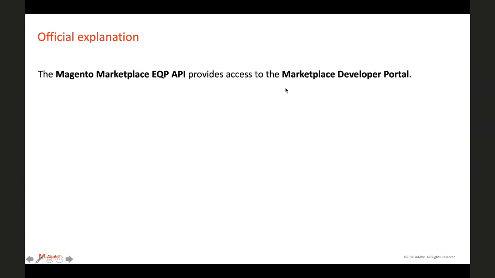Now, if you wanted to create or develop extensions for Magento, where you would go is something called the Marketplace Developer Portal. And it's here that you would upload your code as well as add any additional information about it. And then eventually you'd submit it, and what you're submitting it into is this Extension Quality Program. Once it passes that, your extension gets put onto the marketplace.